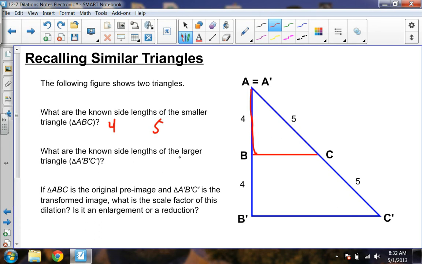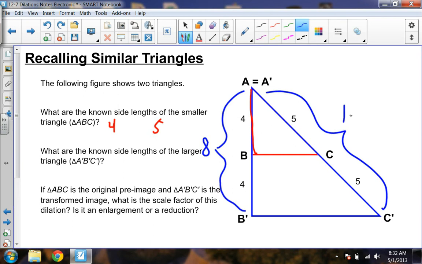What are the known side lengths of the larger triangle, A prime, B prime, C prime? Well, this whole side is 4 plus 4, so this is 8, and this whole side is 5 plus 5, so that's 10. This is stuff we've learned in the past. It probably should not be too difficult to recall, but as long as we can, then we have good hope for this.